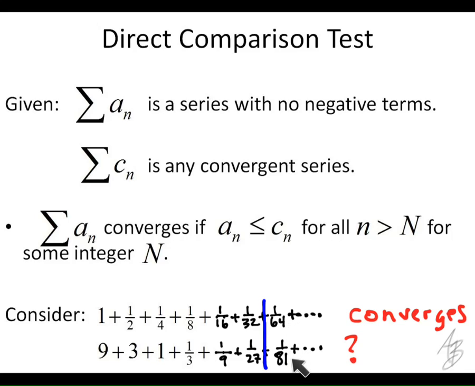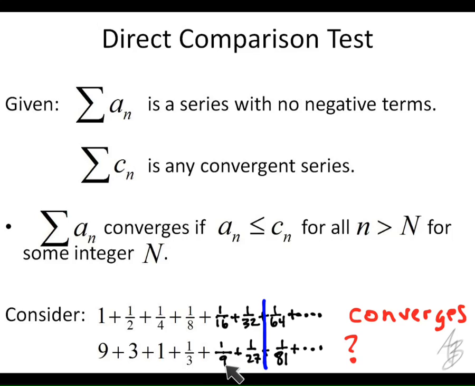You guys see that? So 1 over 81 is smaller than 1 over 64, right? And the next term here would be 1 over 128. The next term here would be 1 over 243. 1 over 243 is smaller than 1 over 128. So every term after this point, the terms in the second series are going to be smaller than the terms in the first series. So it doesn't matter about this, because this is just a finite number here.